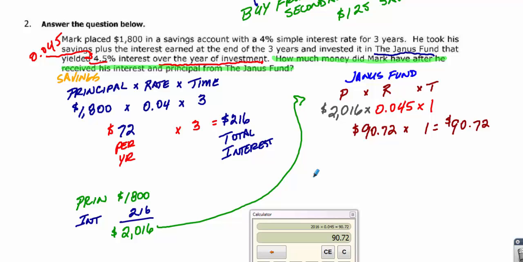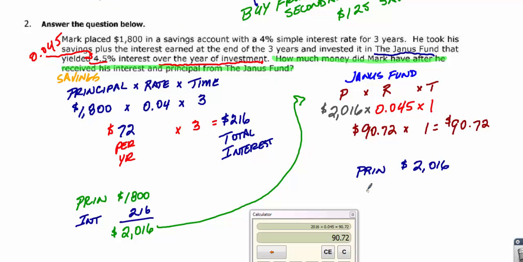All right, now we're ready to do the final. So remember, it's how much money does he have at the end? And that at the end amount is the principal he brought over. And remember, he brought over $2,016 in principal.